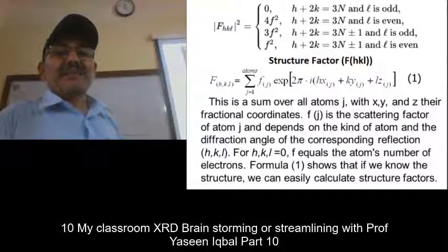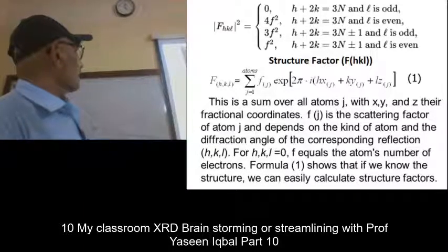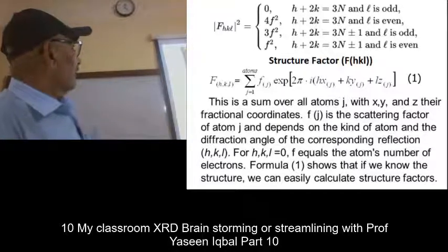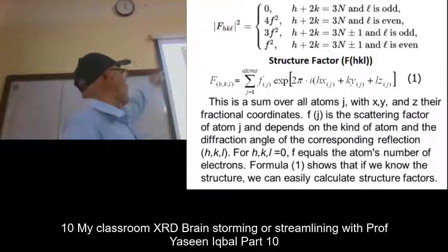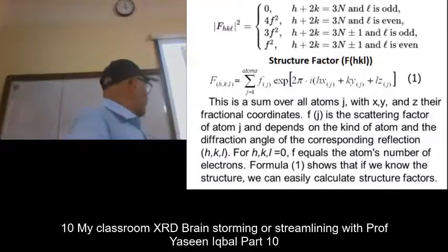Selection rules for reflections in cubic crystals. As I told you, when we start from there, the h square plus k square plus l square gives you 1, 2, 3 up to 16.